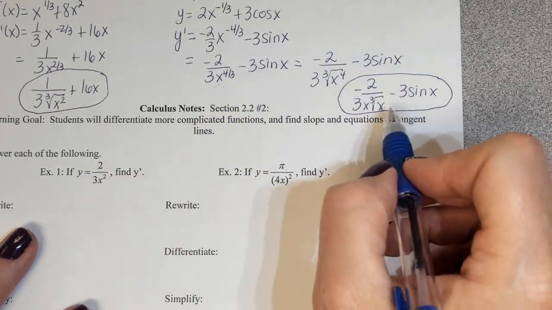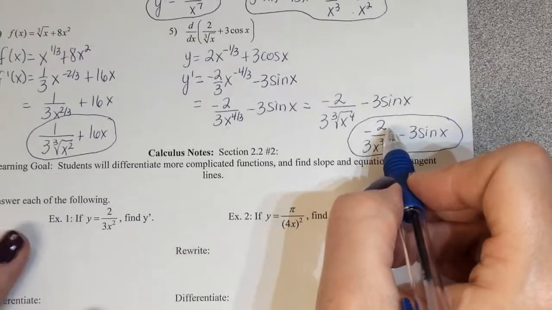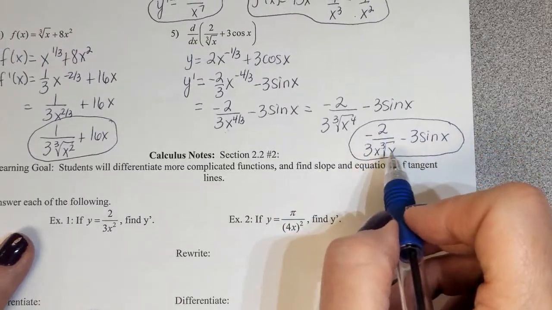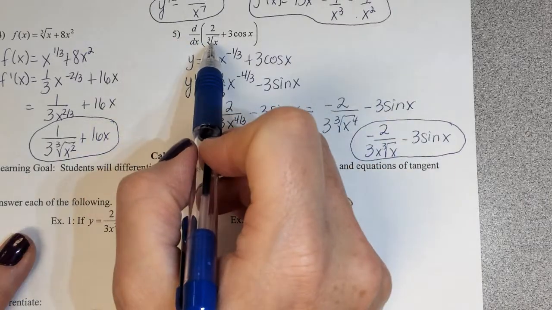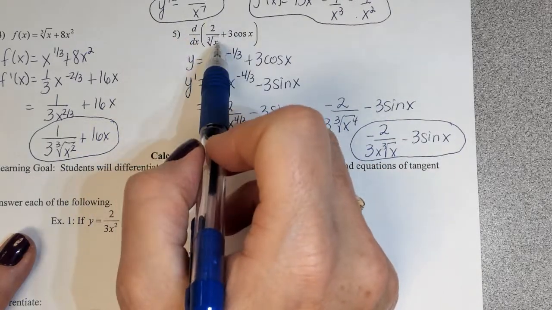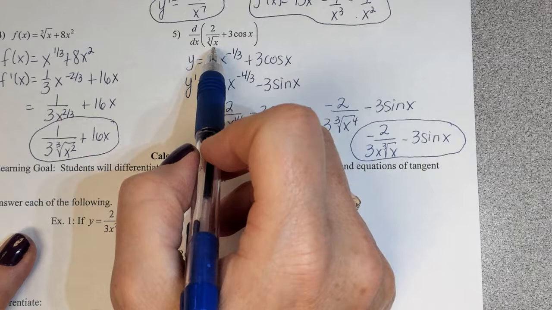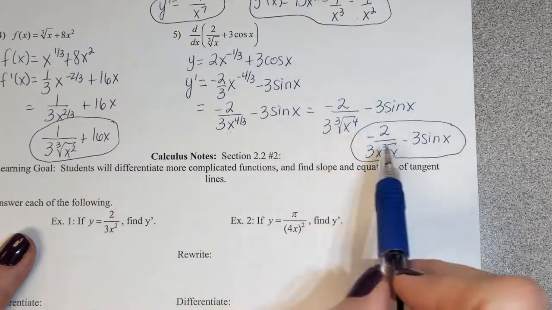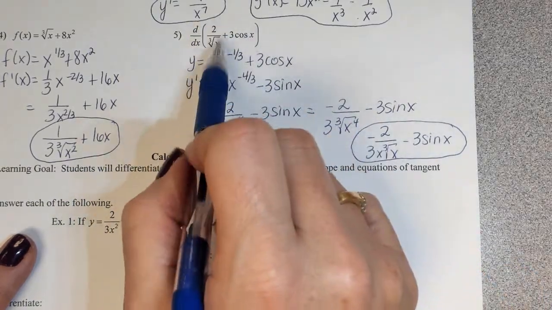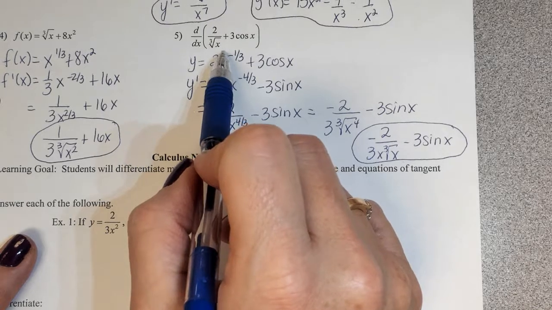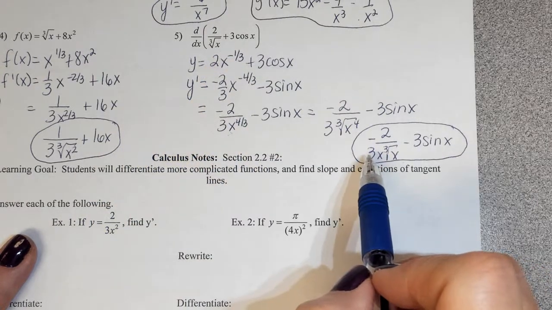But then this would be, in my opinion, the best answer. The reason I say that's the best answer is because this is starting off with radicals rather than rational exponents, so therefore we want our answer to match the way the original problem's written. That's kind of the general rule on that.